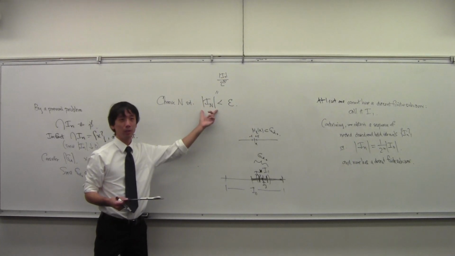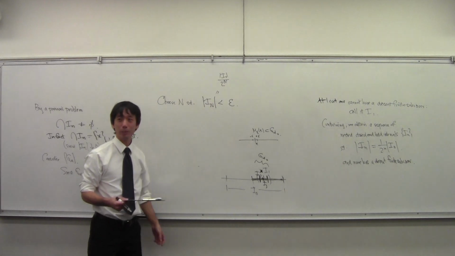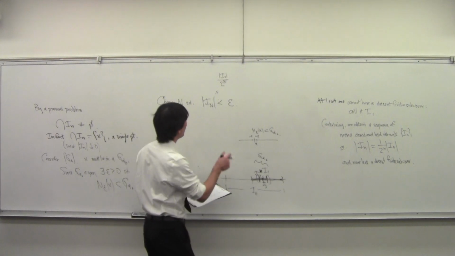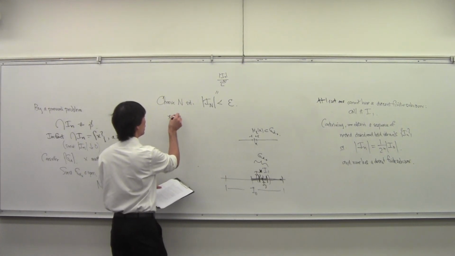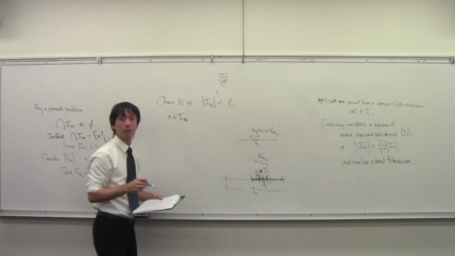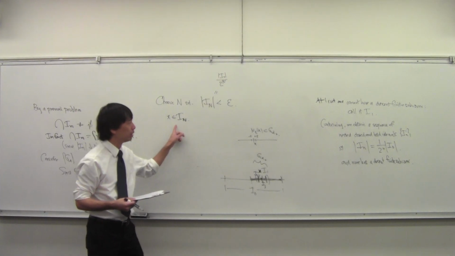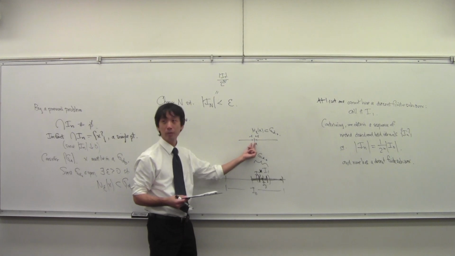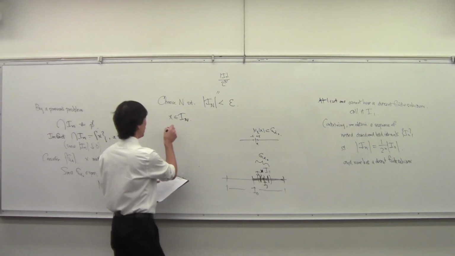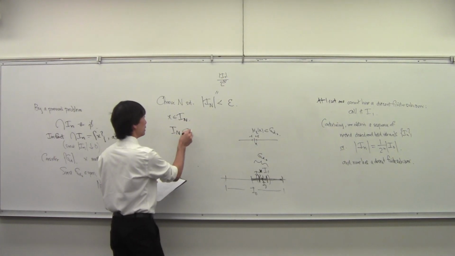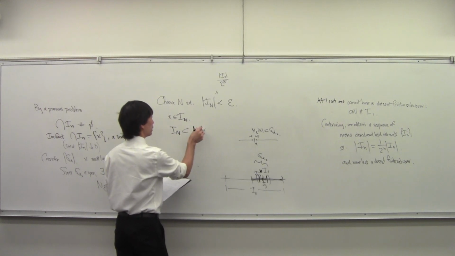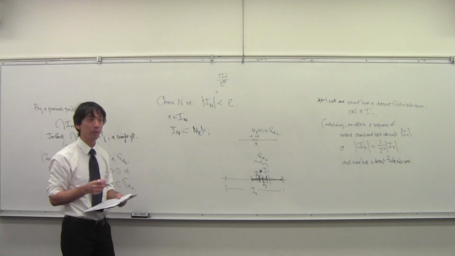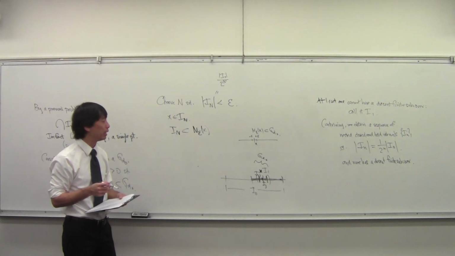Certainly we can choose n big enough so that this is smaller than epsilon. But then x lies in I sub n, and the length of I sub n is smaller than epsilon. So that I sub n lies inside of the epsilon neighborhood.